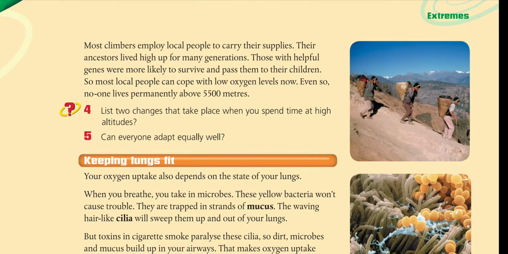They said that to find a solution for this, most climbers start to employ local people to carry their supplies, because they are descendants of ancestors in this area. They carry the ability to go to Mount Everest or any high altitude, and they get the ability to adapt their bodies to endure less oxygen, and also to keep their body's energy in a way that makes them able to climb those areas without suffering.